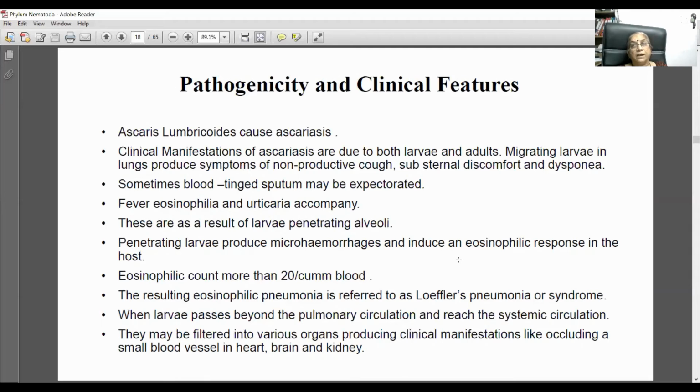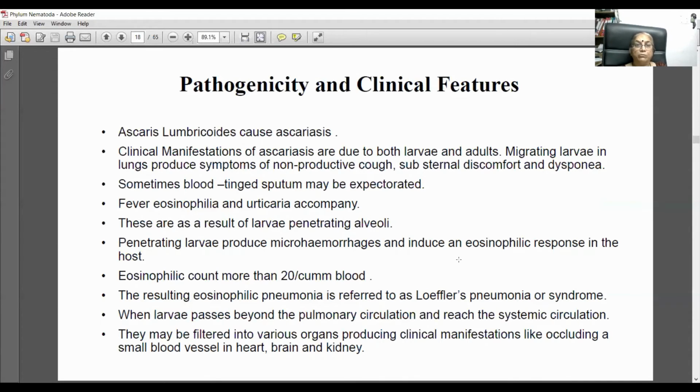When those larvae penetrate the alveoli, blood is going to ooze out, and when the patient spits, the sputum can be blood tinted. So the expectoration is blood tinted.